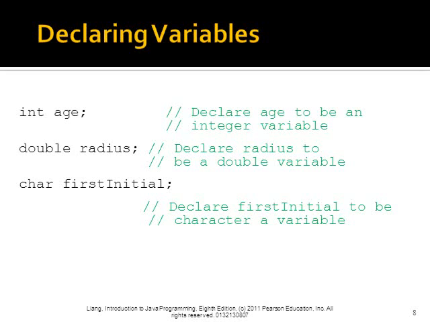Normally, I like to see all the variables that a program is going to use declared right after the definition of the main method, right at the top of the main method. So now we know all the variables. It's kind of like that recipe we saw last time.